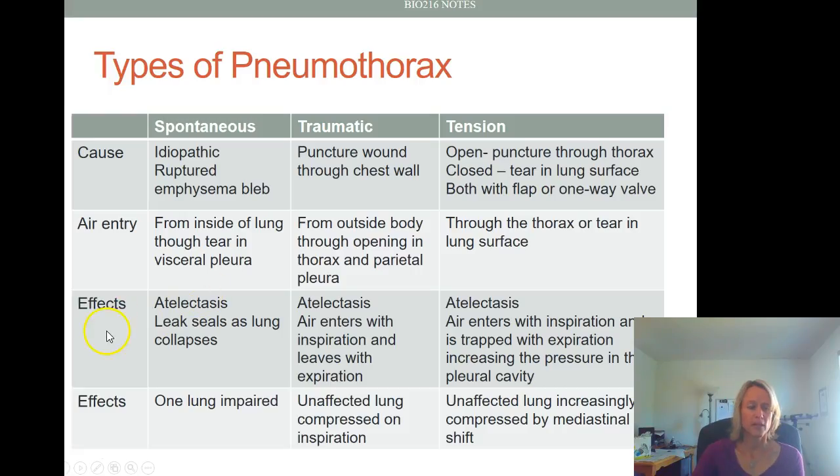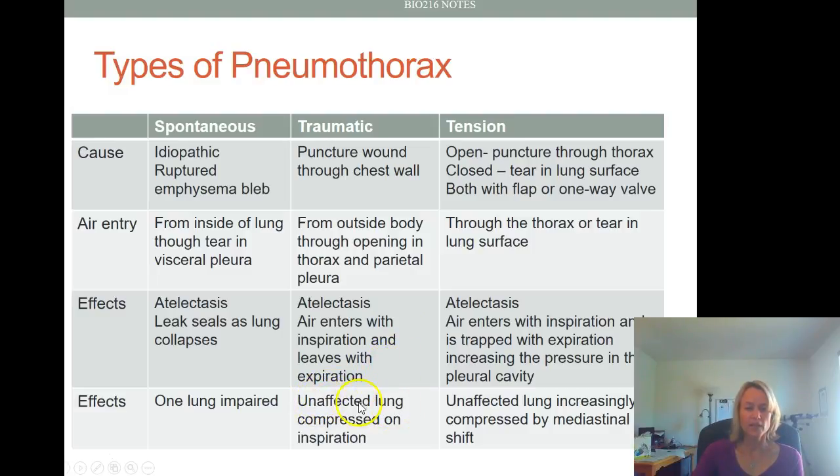Okay, effects. Spontaneous, we get compression atelectasis, and the leak tends to seal as the lung collapses. And this causes one lung to be impaired. In traumatic, we get atelectasis. Air enters with inspiration and leaves with expiration.